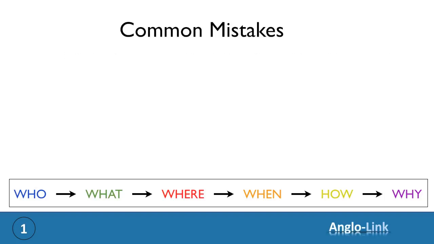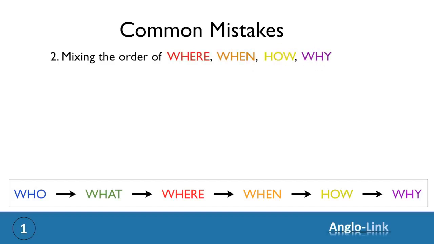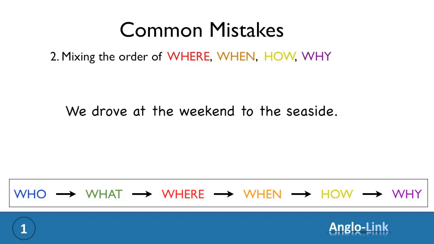The second common mistake is mixing the order of where, when, how, and why. Let's look at some examples. We drove at the weekend to the seaside. If we bring the colors in, you will see immediately what's gone wrong. The where and the when are in the wrong place.